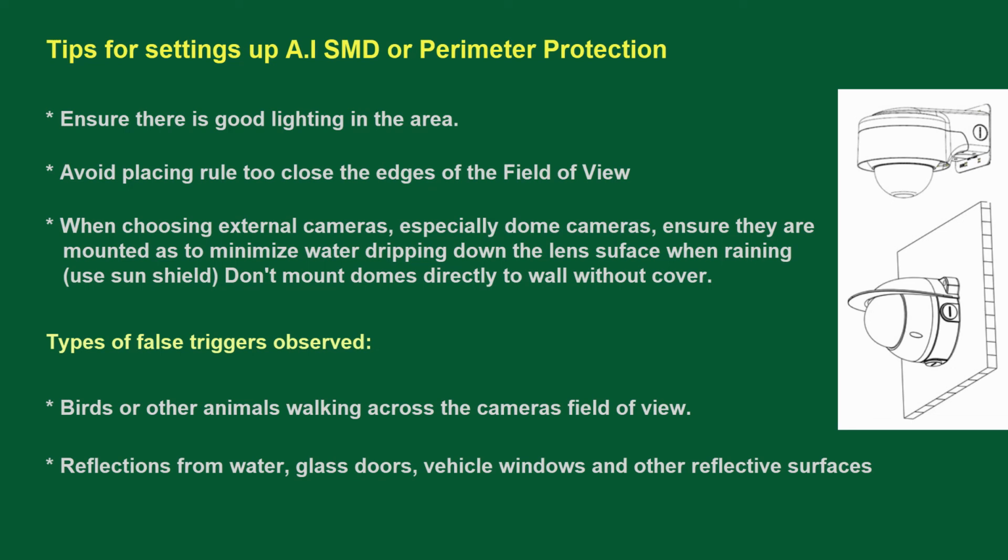So in that case you would try to move the rule or the camera or the camera's position to avoid that scenario. Other situations I've seen indoors is someone carrying boxes, and the boxes had images on them of people or vehicles, and they were detected as vehicles or people.